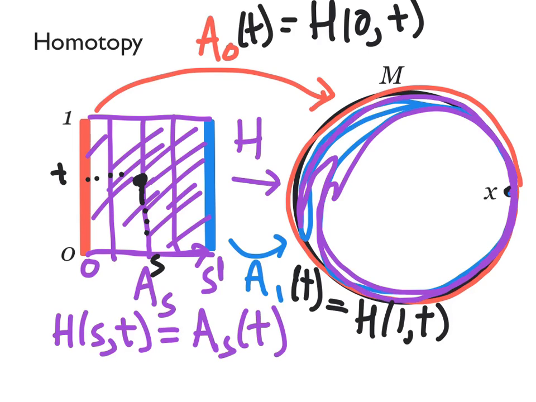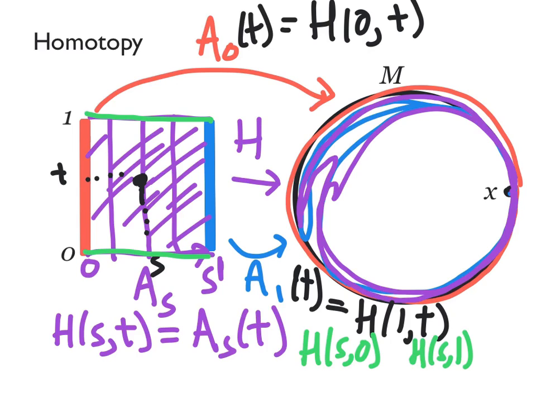And what about the other two edges in this picture? Maybe I'll use green now. So the top edge and the bottom edge of this picture, what do they correspond to on the right hand side? Well, that would be the points h, s, 0 and h, s, 1.